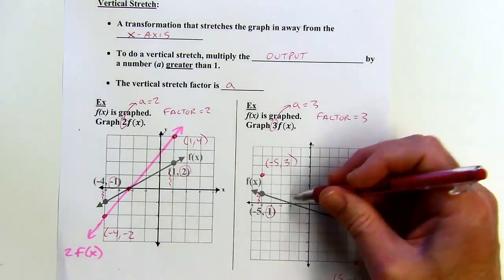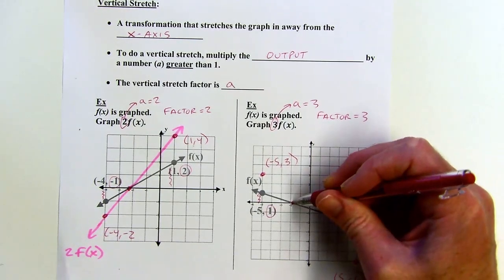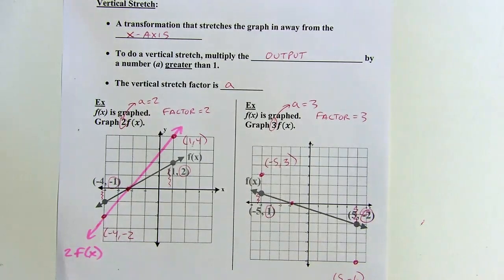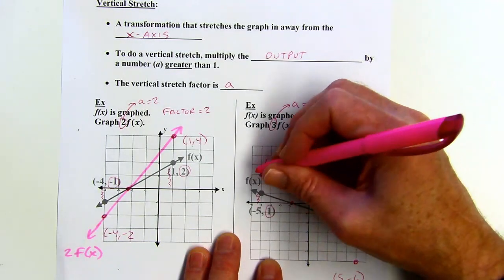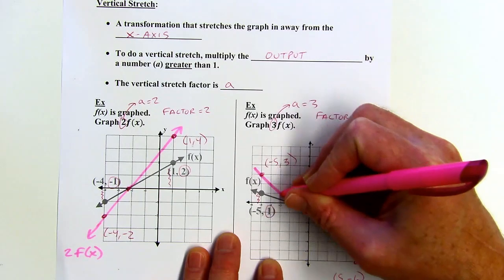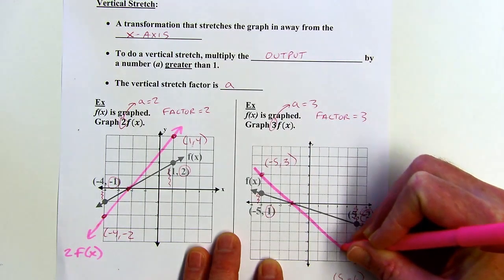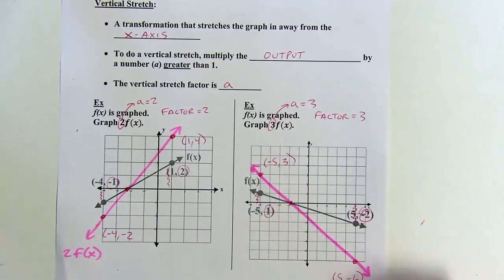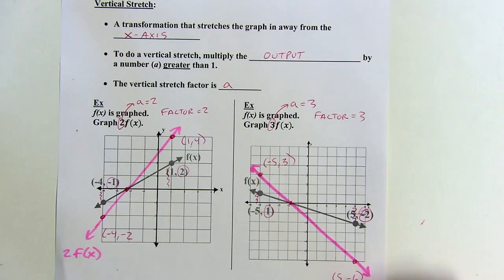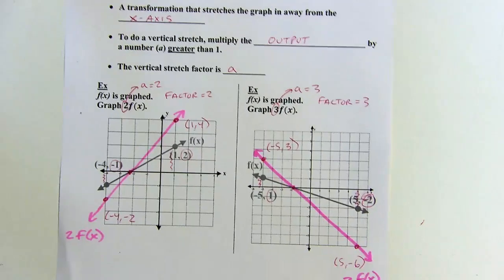Okay, and the x-intercept, that point's already on the x-axis, so it can't get any closer to the x-axis or further away. It'll just stay there. Okay, and then connect the dots. And so here is 3 times f of x.